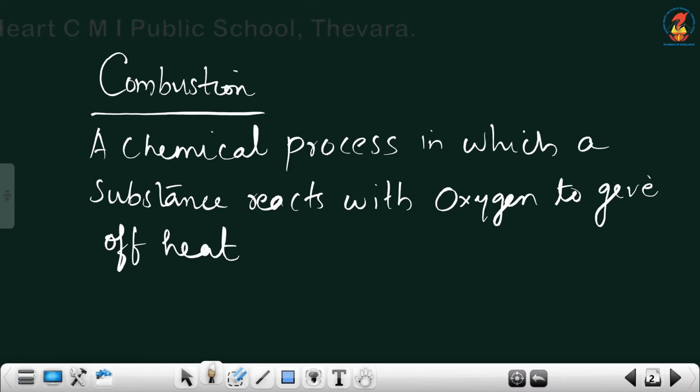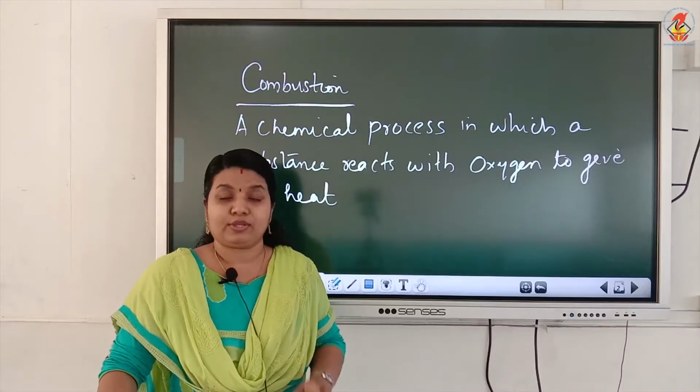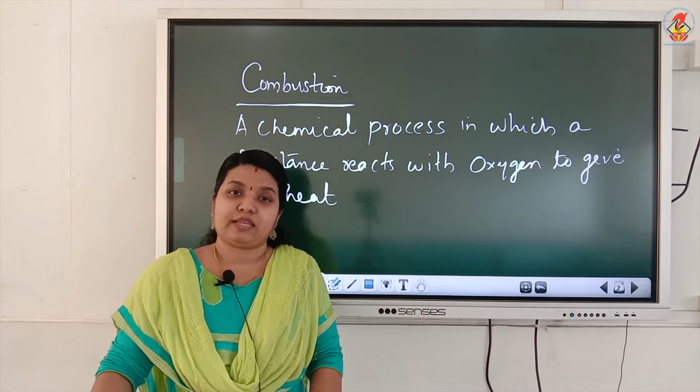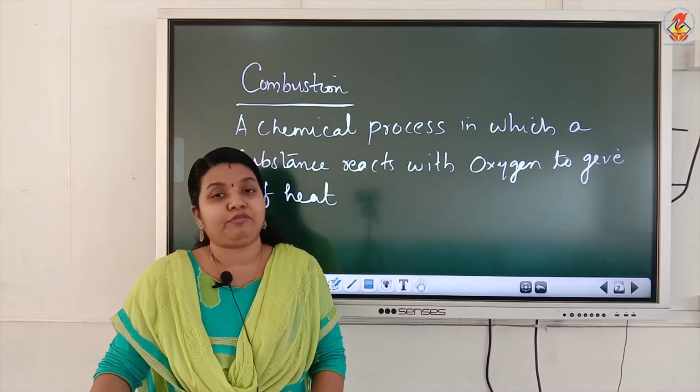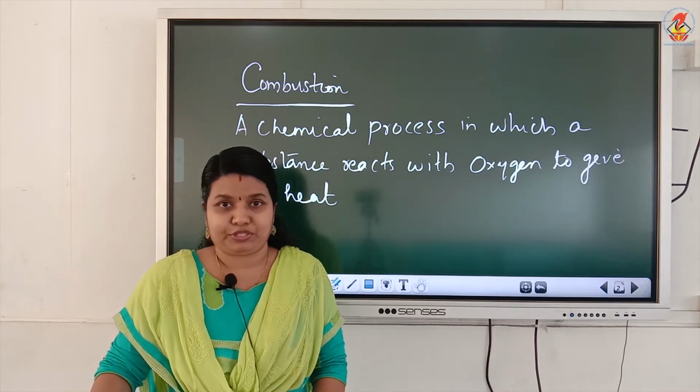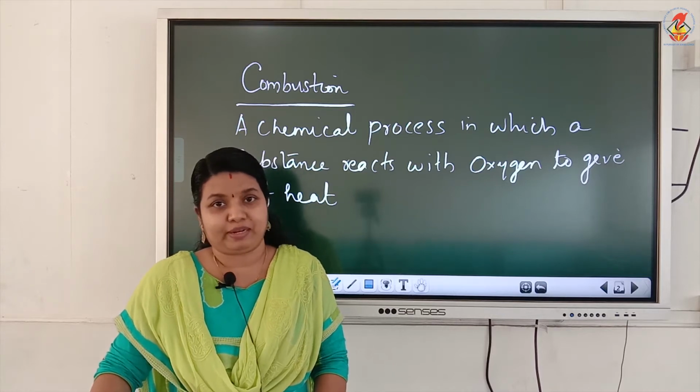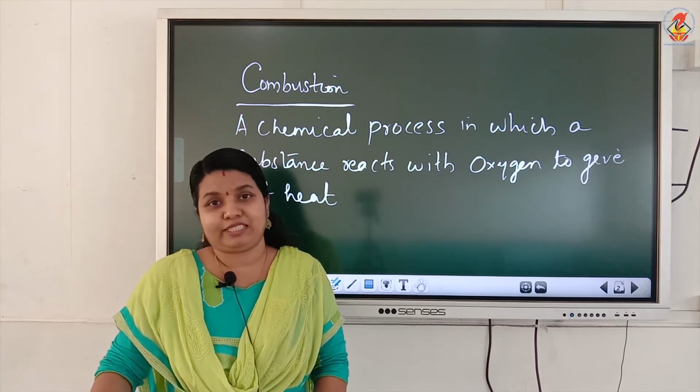Production of light is not mandatory in combustion, but heat should be produced. So a chemical process in which a substance reacts with oxygen to give off heat is known as combustion. So burning of a magnesium ribbon is an example of a combustion reaction.